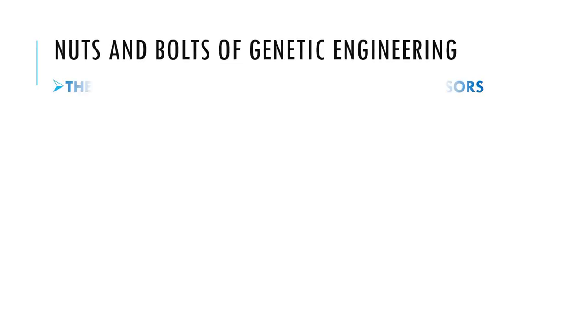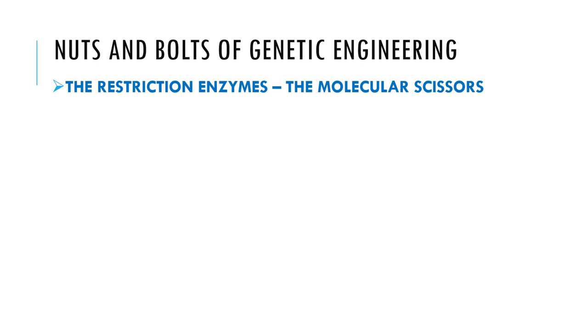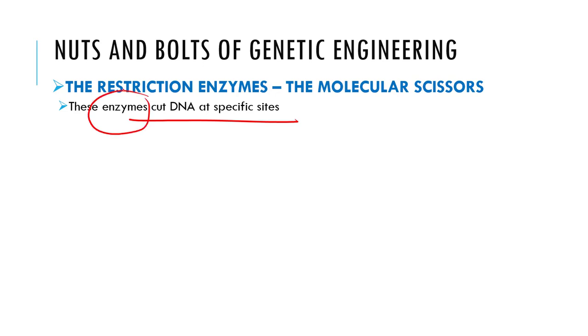So, we are going to discuss first of all the restriction enzymes or the molecular scissors because they cut the DNA molecule at specific sites. Since they are known as scissors, and as you know, scissors are used for cutting something, these enzymes play exactly the same role.